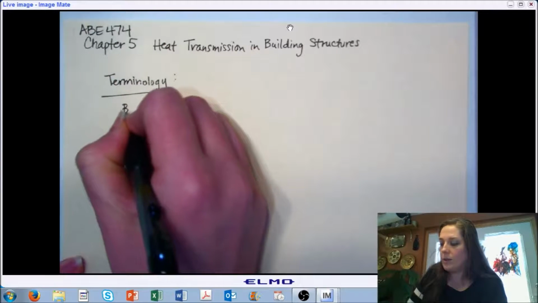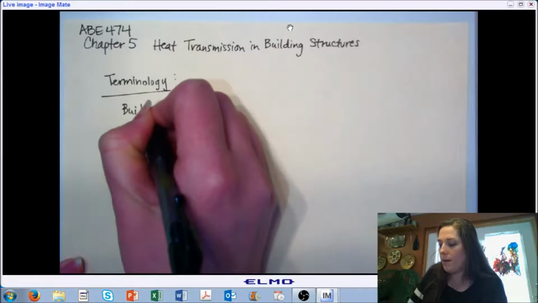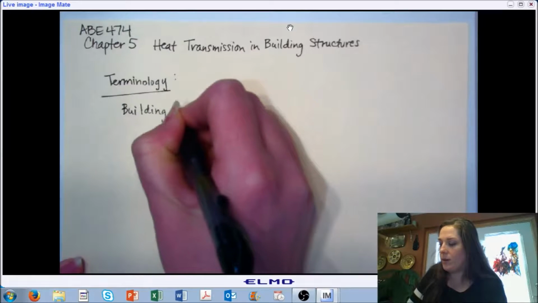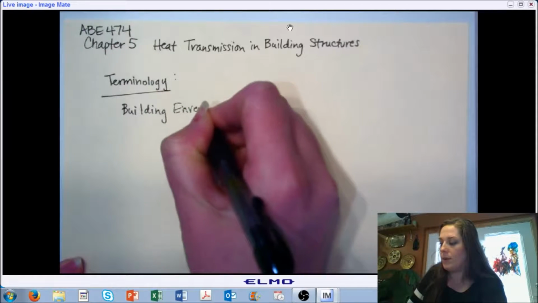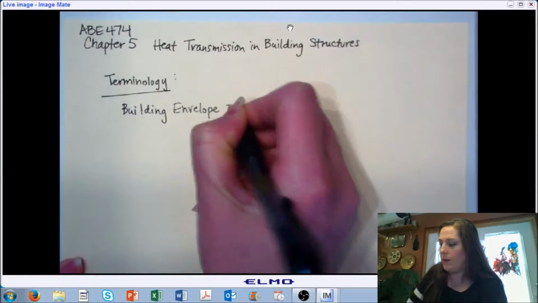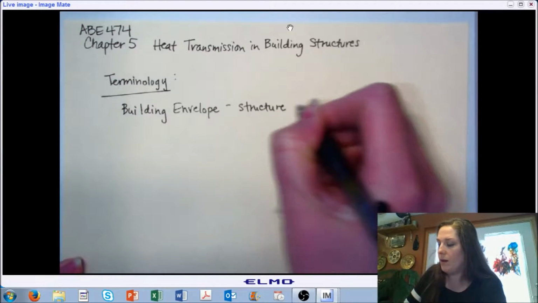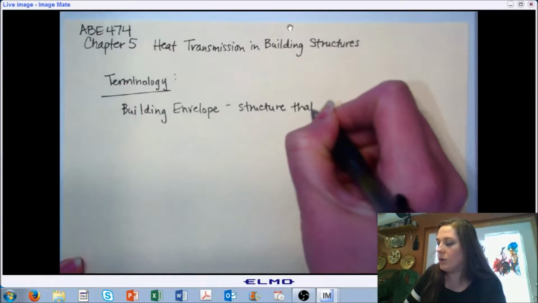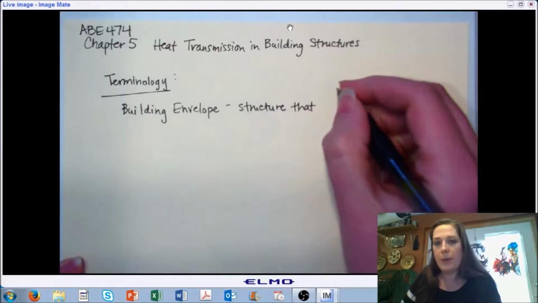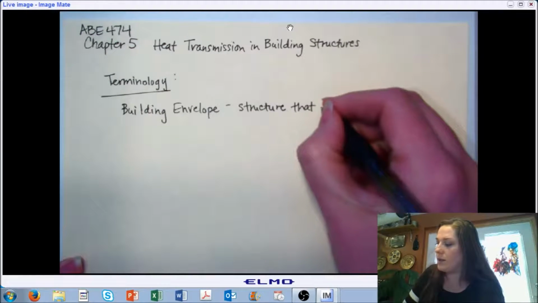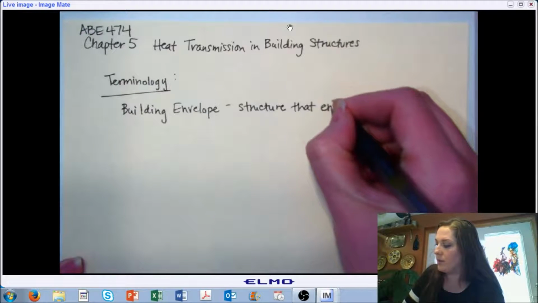I already used this term, but let's define it so that we understand what we mean when we say the building envelope. We're talking about the structure that encloses our space, or the structure that makes our building enclosed.